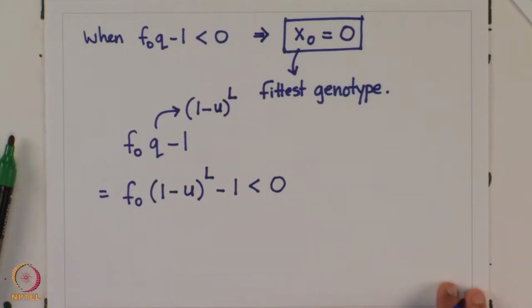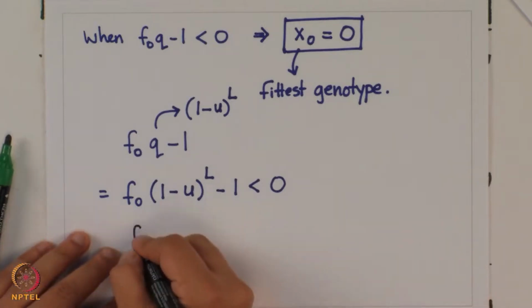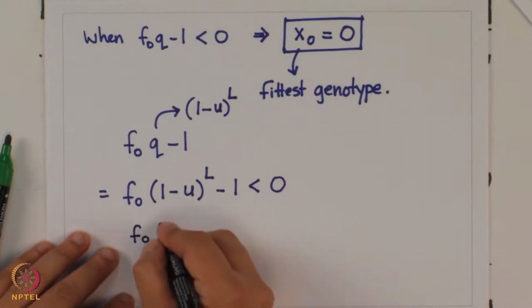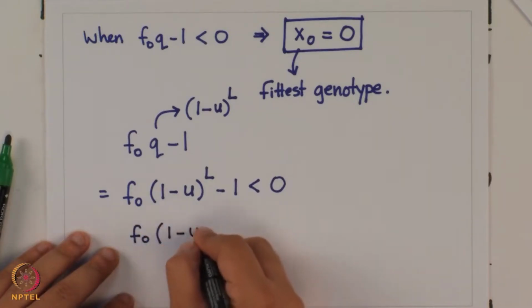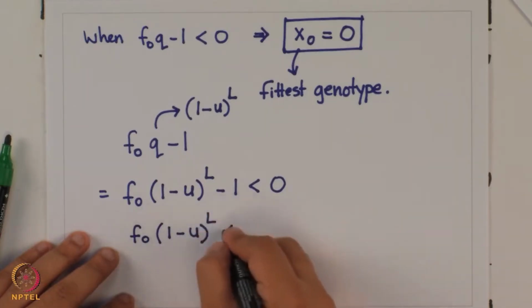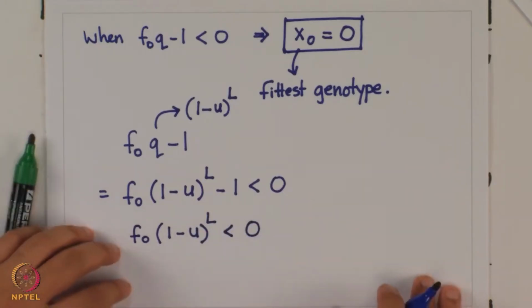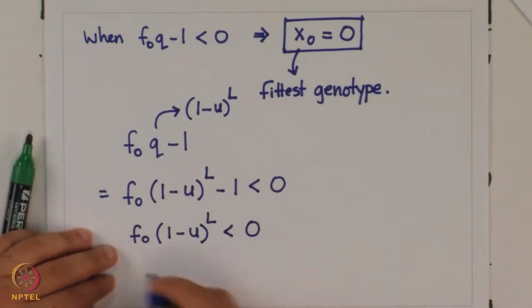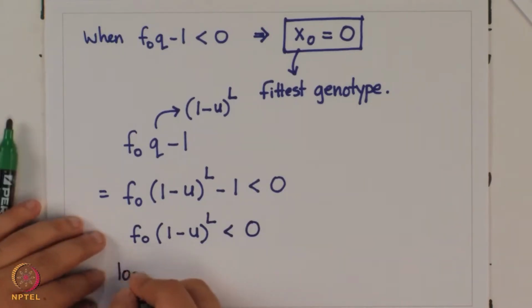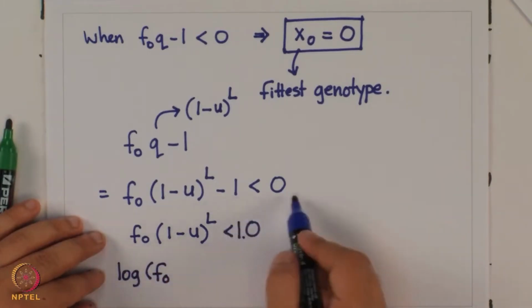If that is the case, we can rewrite and simplify this further and say that f naught into 1 minus u to the power L should be less than 1, because I am taking the 1 to the other side.